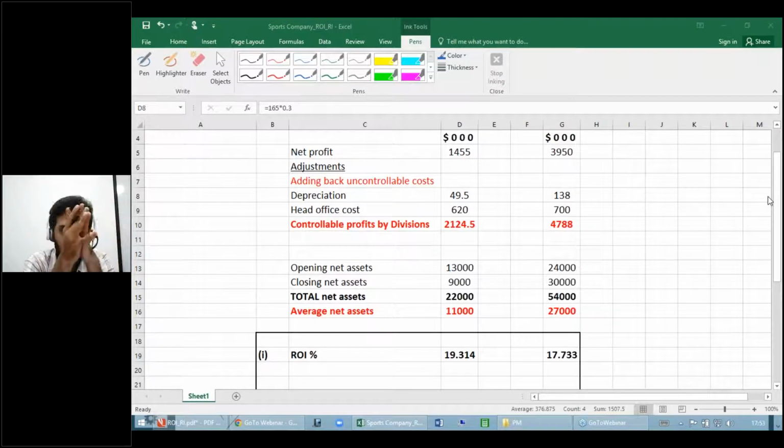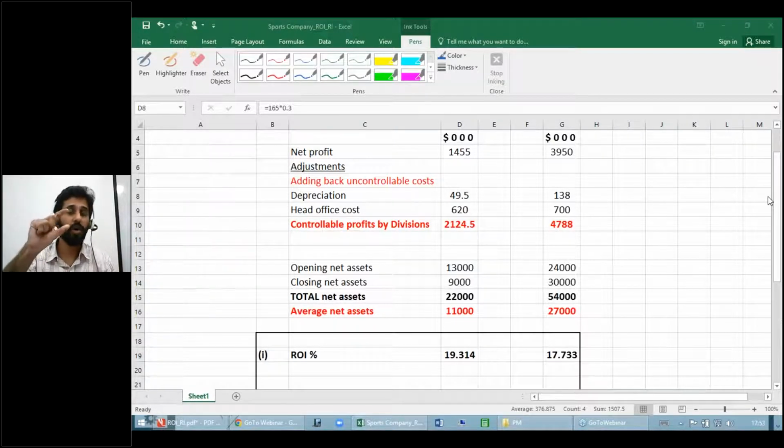Oh, all right, that's good. Now, what is the logic behind adding it back? See that if this cost will be charged in my accounts, I am the division and you are the head office. If this cost will be charged in my accounts, my profit will be lower. Agreed? Now, these costs are included already. Why are these costs deducted to reach my profit?